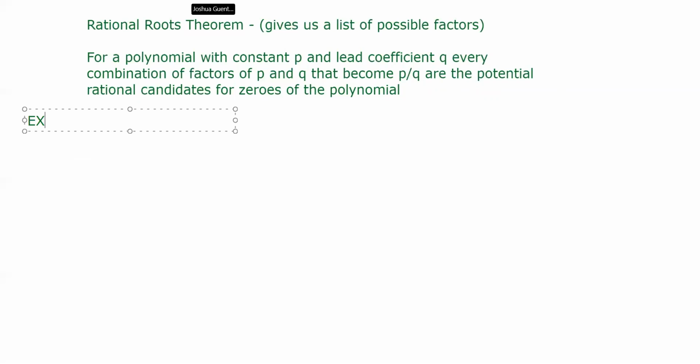Let's say you have the polynomial 6x to the 4th plus 7x cubed minus 12x squared minus 3x plus 2.